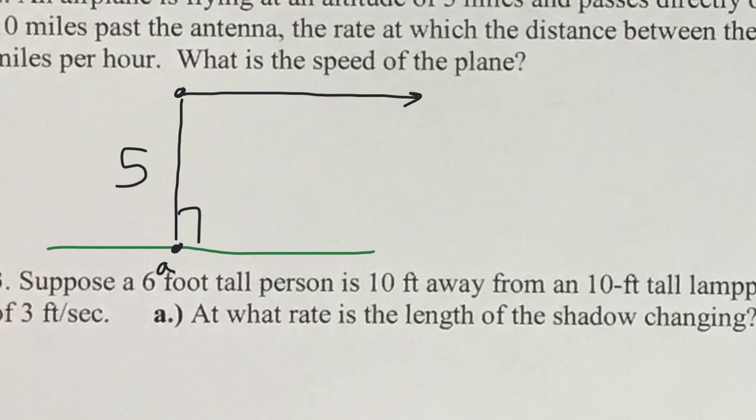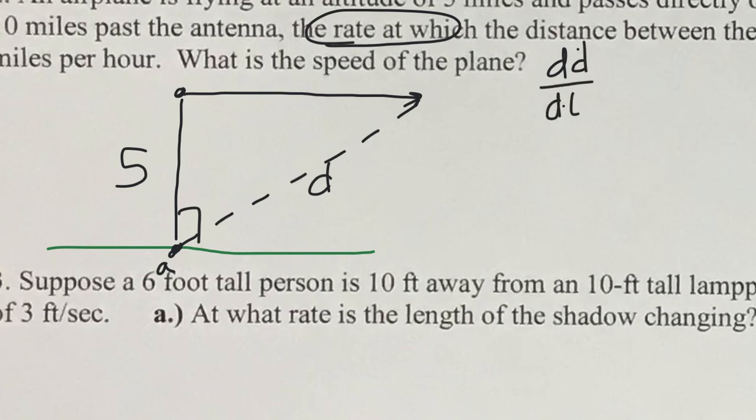So we were asked for this. What is the rate at which the distance between the antenna and the plane is changing? So we want dd/dt, the rate at which the distance is changing. The distance is changing when what?